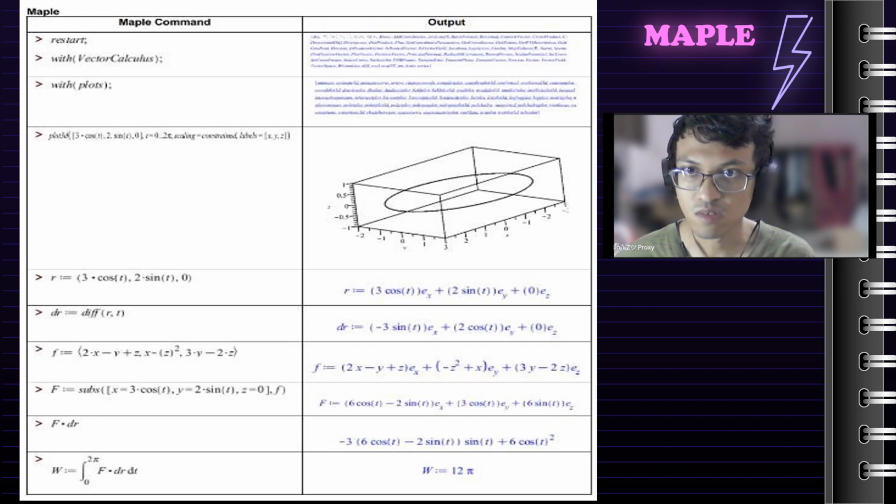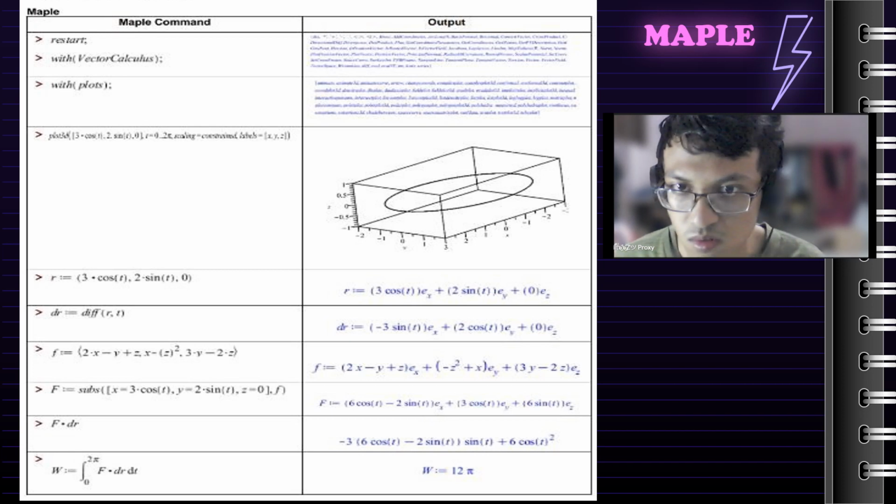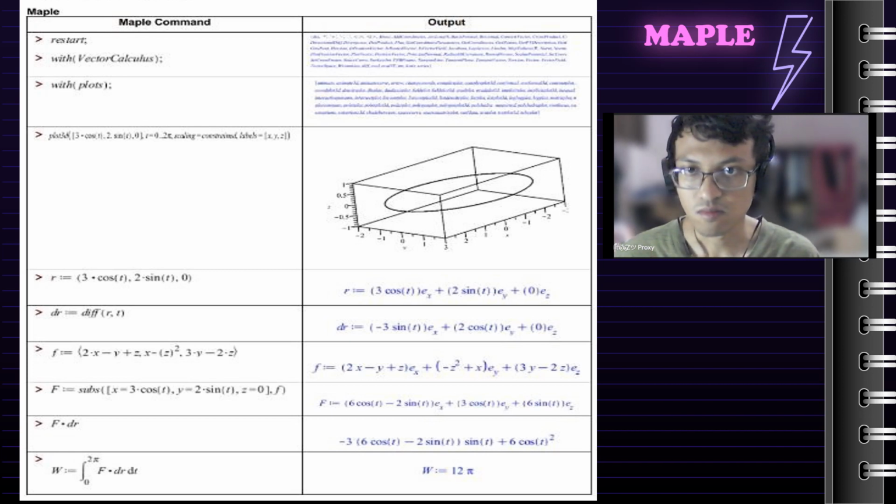and from then we can see that we get the parametric equation for all of this, and we also have to turn it into prime to differentiate them. So we can see x prime equals negative 3 sin t, y prime equals 2 cos t, and z prime equals 0. Next we have to multiply both of them, which is the function and the r prime.